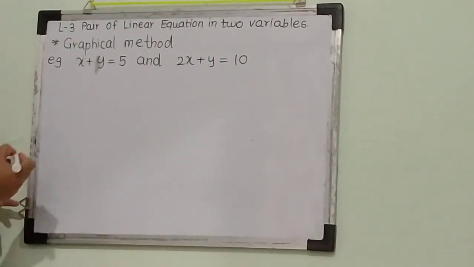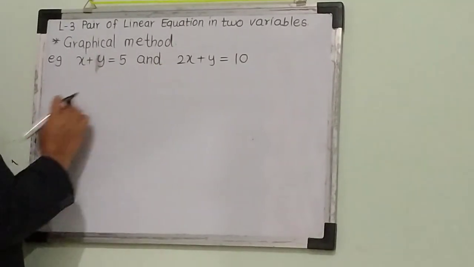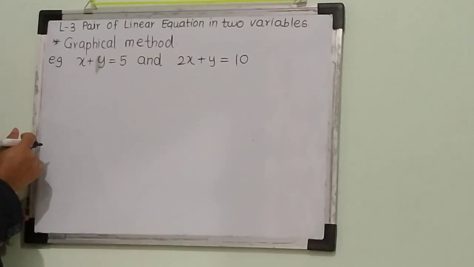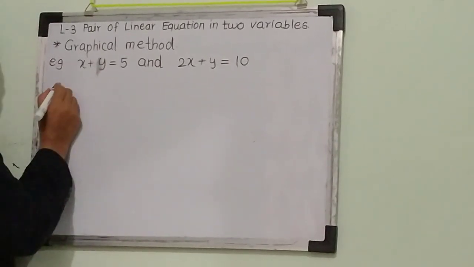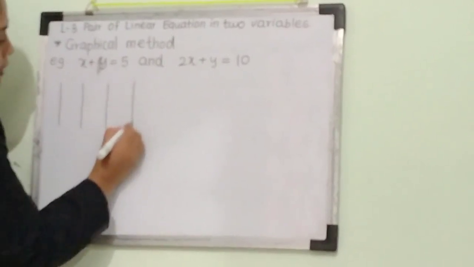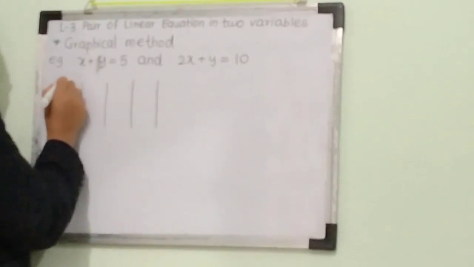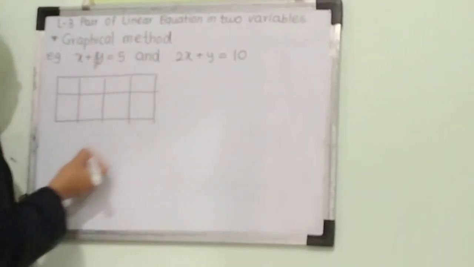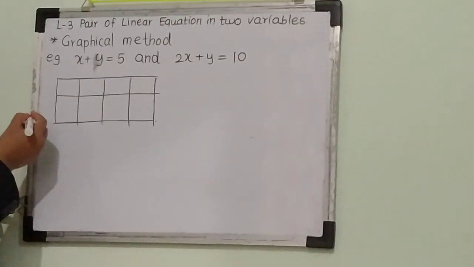So here I am writing two linear equations and I have to solve them by using the graphical method. For this, first I am going to draw the table for these equations. We have to find at least 3 values for each equation.